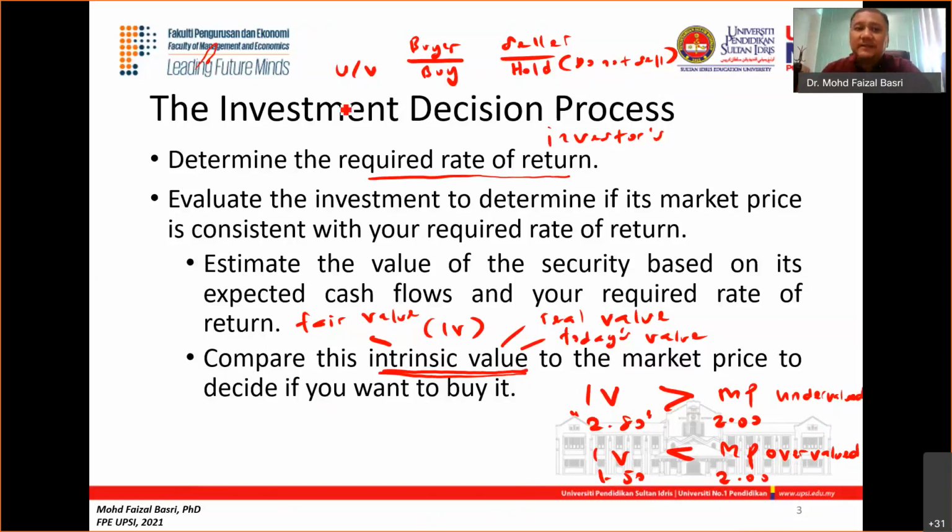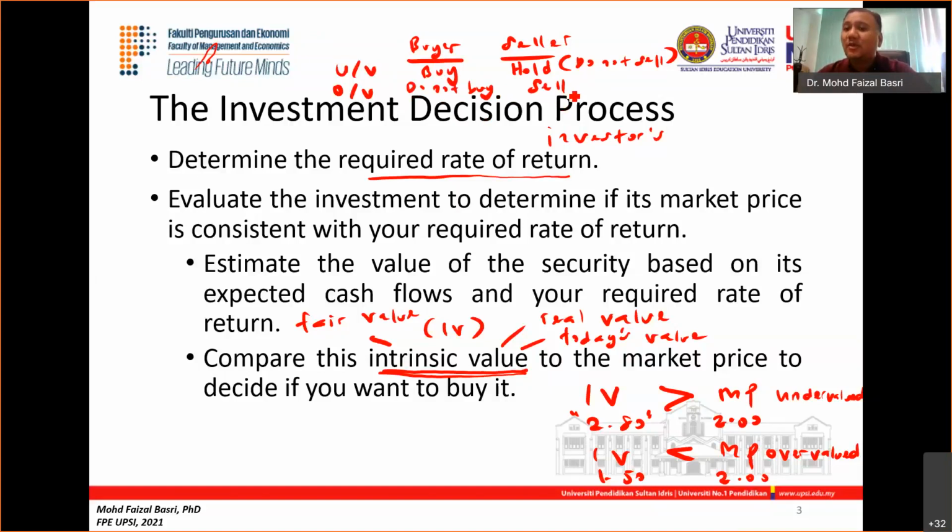So if it's overvalued, OV, earlier UV was undervalued, OV is overvalued. As a buyer, your decision should be do not buy, because it's expensive. As a seller, this is the time for you to sell.